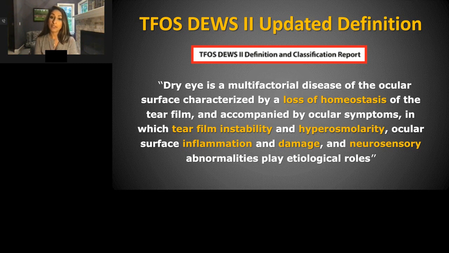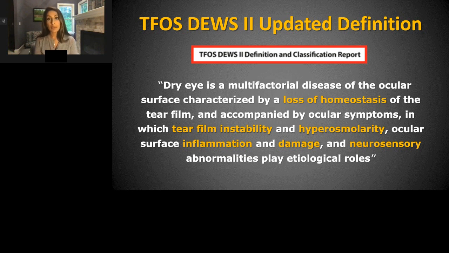The TFOS DEWS II released an update in 2017, and dry eye is defined as a multifactorial disease of the ocular surface, characterized by loss of homeostasis of the tear film and accompanied by ocular symptoms in which tear film instability, hyperosmolarity, inflammation and damage, and neurosensory abnormalities play an etiological role.